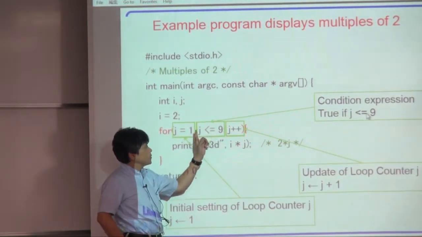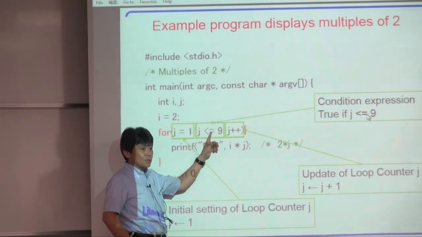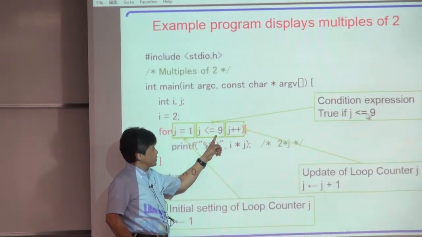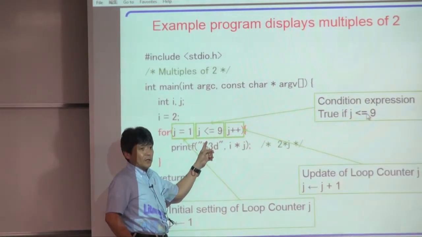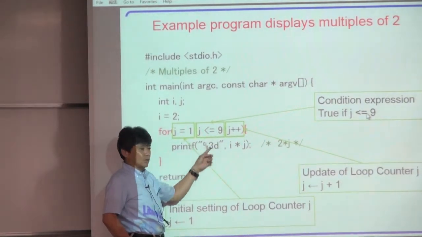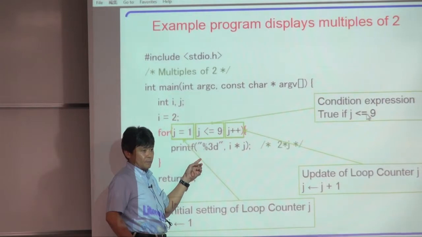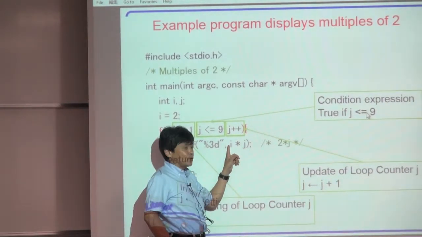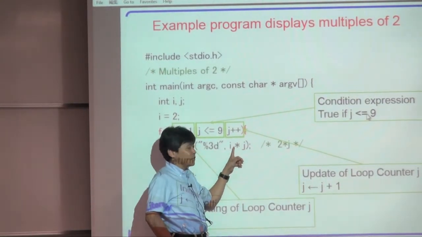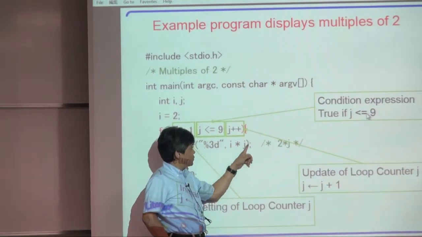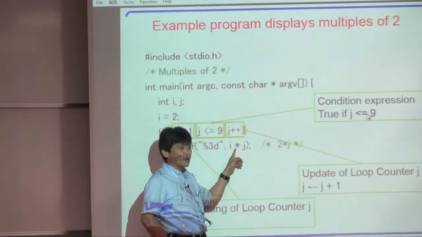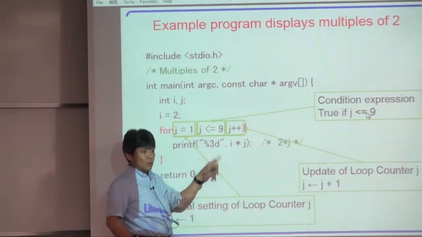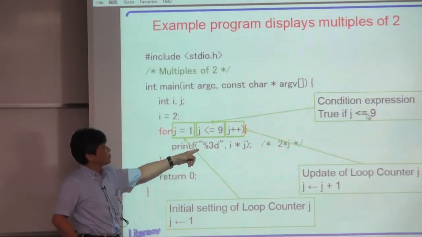Then this second part will be evaluated. In this case, j is 2, so this condition becomes true. So this block also will be executed. In this case i is 2, always i is 2, and j is 2. So the result, 2 by 2, is 4. The number 4 will be displayed on the computer screen.